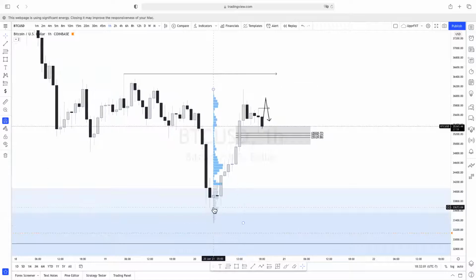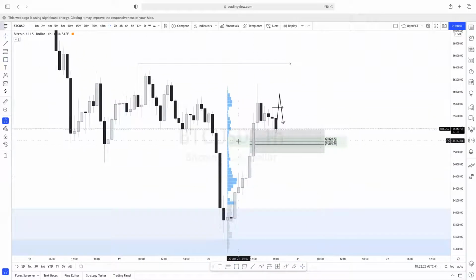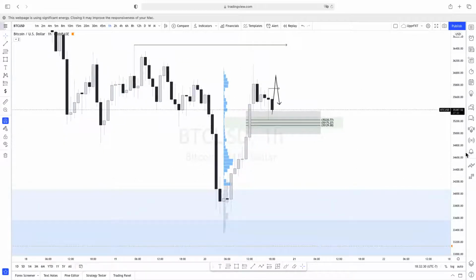So I use it on this impulse, right? Just on this impulse up, there were low areas of volume. There's not a lot of orders, and essentially, it lines up with imbalances. And when I see this, it's like an automatic target for myself personally.